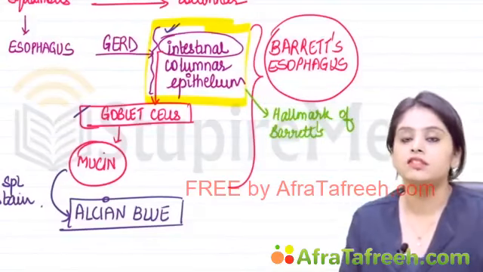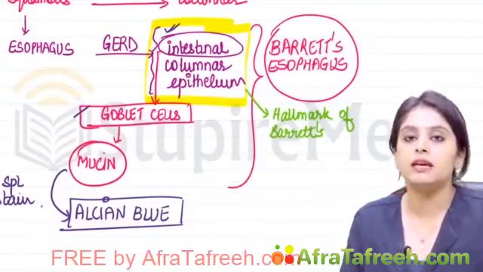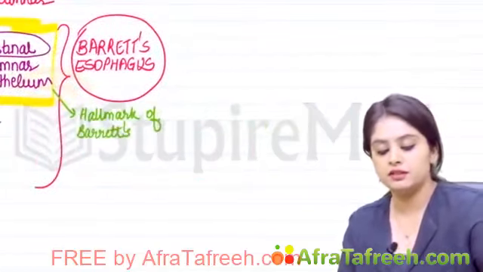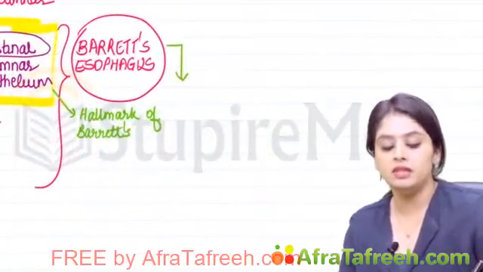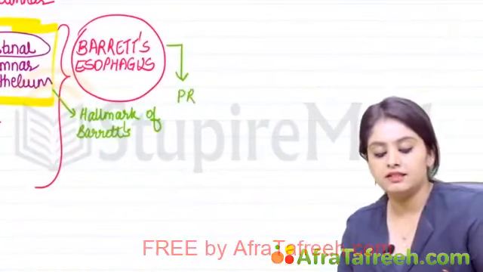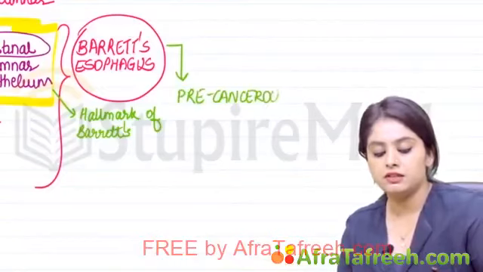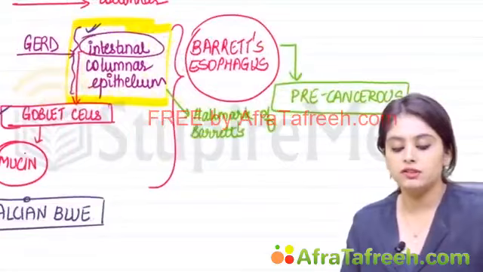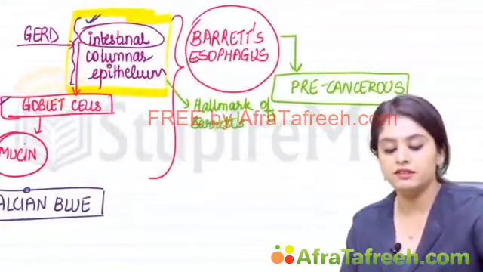Why are we dealing with this particular example in so much depth? Because remember that Barrett's esophagus is going to be a pre-cancerous condition. If we do not treat this, it will result in carcinoma. What was the agent causing Barrett's esophagus? The agent was gastroesophageal reflux disease.